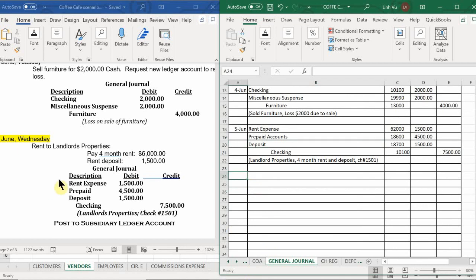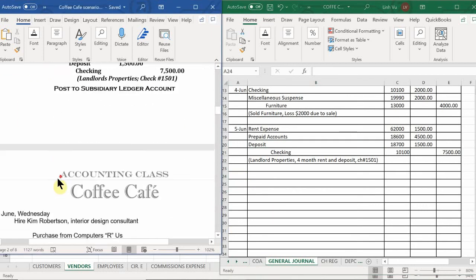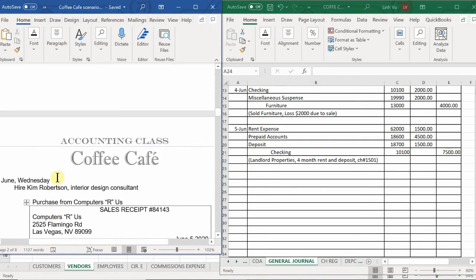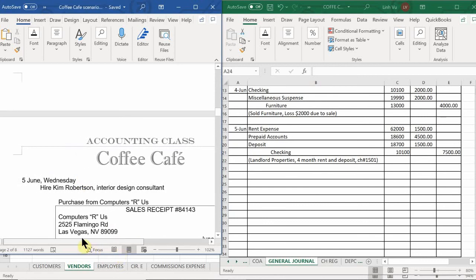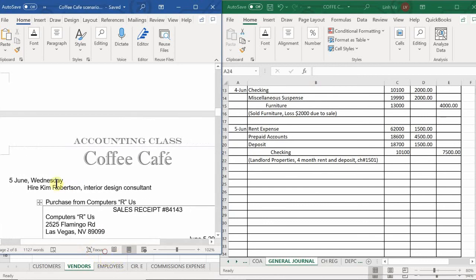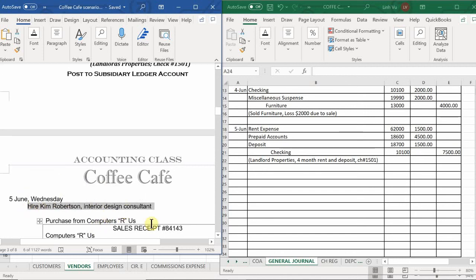Okay, so let's see what has happened next. So right here on June 5th, what did we do here? We got a new employee. Not an employee. Okay, independent contractor, yes, independent contractor.